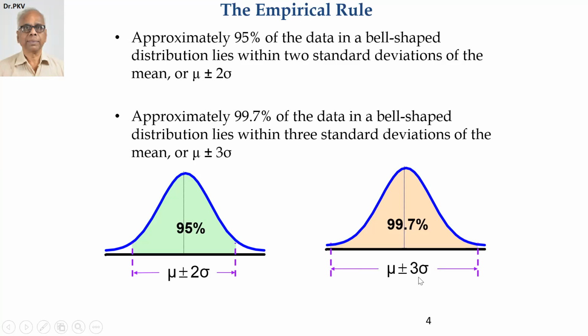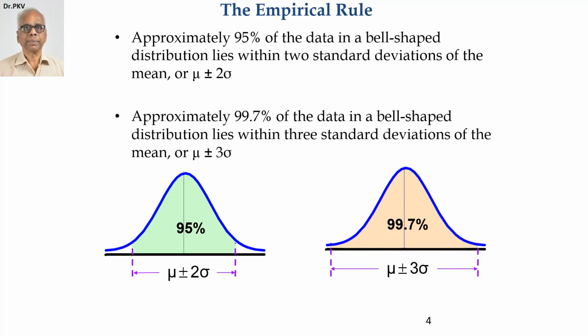In other words, the departure from the mean on either side, if you include, it will be 99.7% of the data points. In other words, the probability that a particular data point will fall in the range mu minus 3 sigma to mu plus 3 sigma will be 99.7%. This is very important.